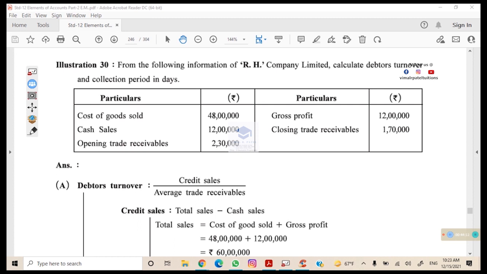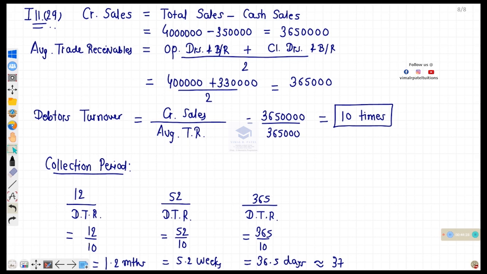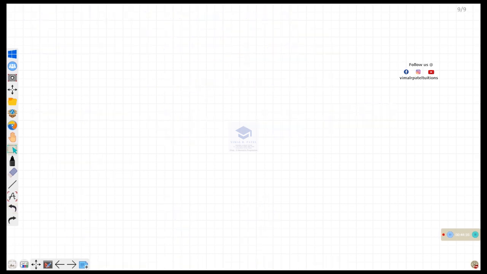Of RH Company Limited, calculate debtors turnover and collection period in days. Cost of goods sold, cash sales, opening trade receivable, gross profit, closing trade receivable. Okay. First of all, you need total sales.